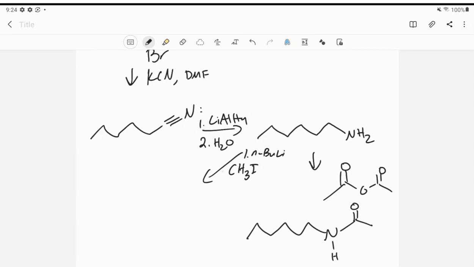Butyl lithium as a base. Methyl iodide, we're going to end up polymethylating this thing, right? So, not an option. Okay, so how can we put a methyl group onto this thing?